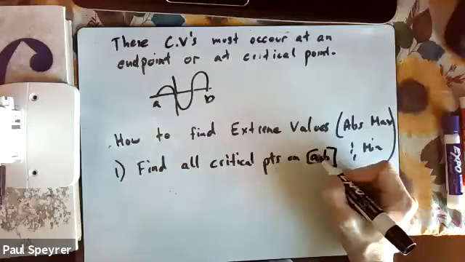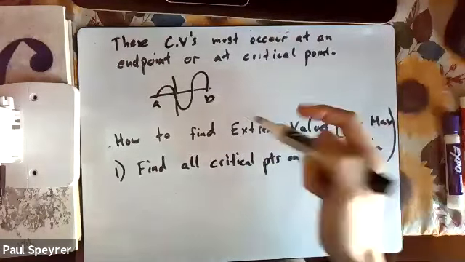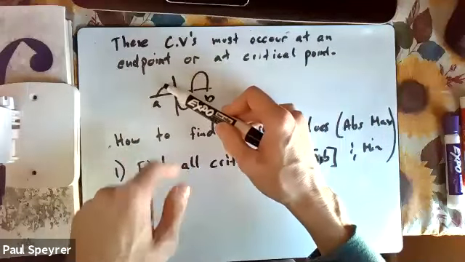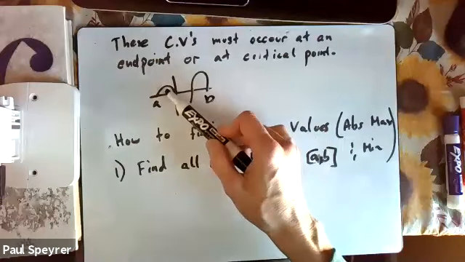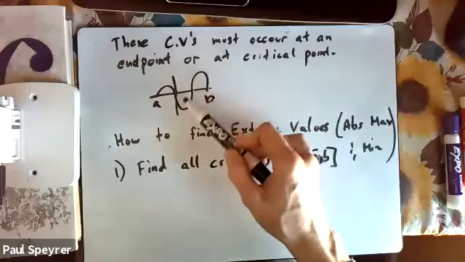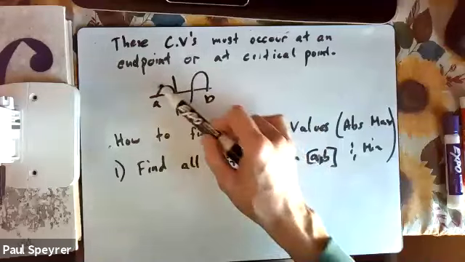So not all critical points are going to be absolute maxes or mins. The critical points, like in this case right here, if we were to find the critical points, we would have 3: 1, 2, 3. Why? Because this is where the derivative would be equal to 0. If we solve this particular equation, we get 3 different values right here.